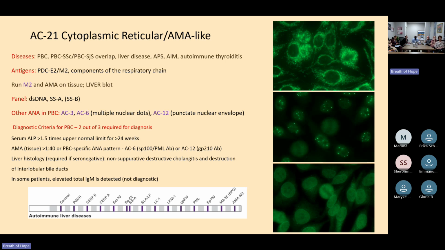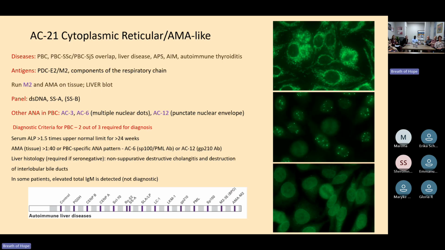So sometimes you'll see a combination of these patterns. And if you see a combination, it's very suggestive of PBC, okay? In terms of the antibodies that are causing AC6 and AC12, SP100 and GP210, you can find them on the liver blot. Okay, so you'll see this is the liver blot.